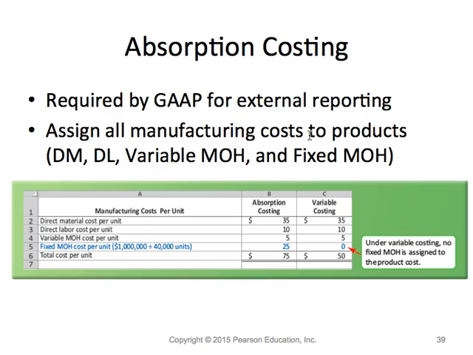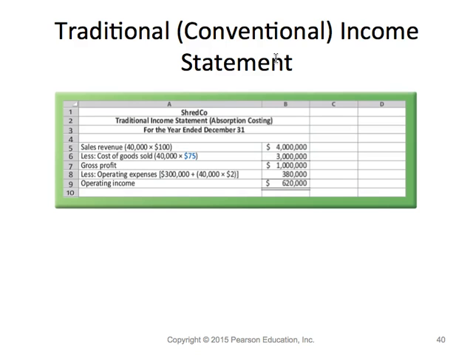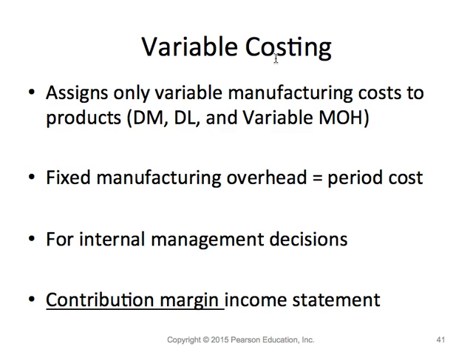So even though they report to external parties using absorption costing, they also use variable costing, because they try to treat fixed manufacturing cost in a different way.